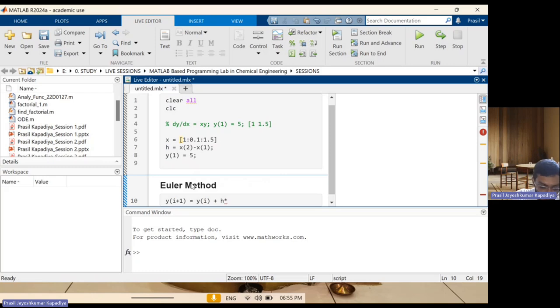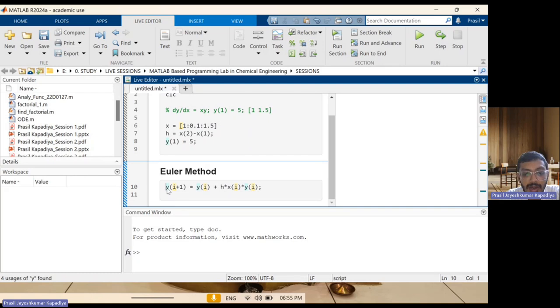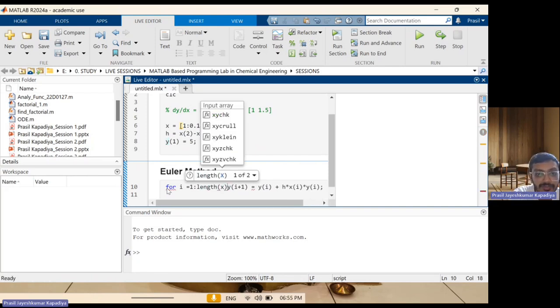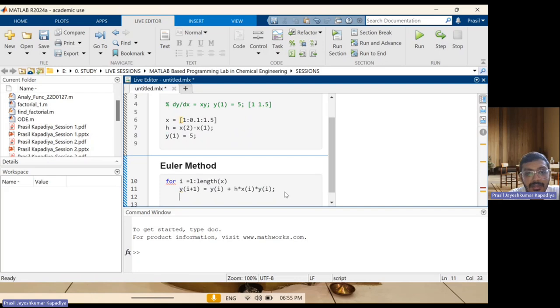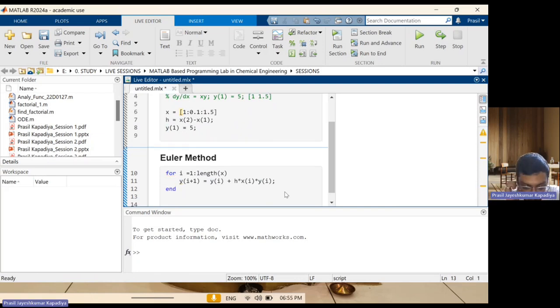The equation is x into y. So it is h into x of I into y of I. This is my equation. So I will run my loop for I is equal to 1 to the last value of x, that is length of x. I will run this, so I should get my solution.